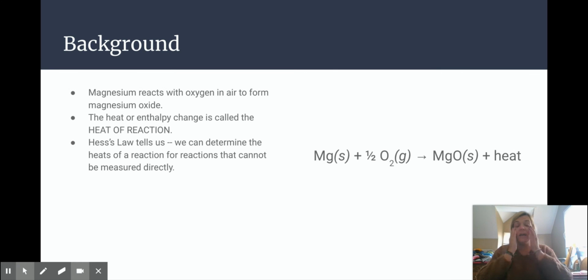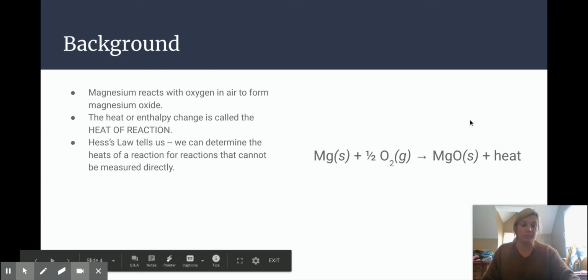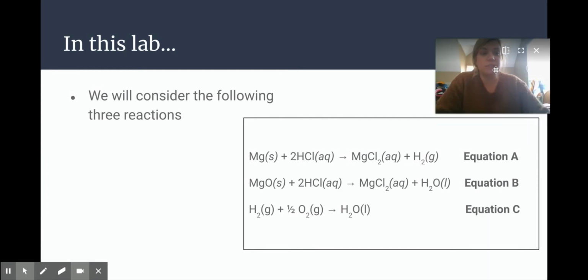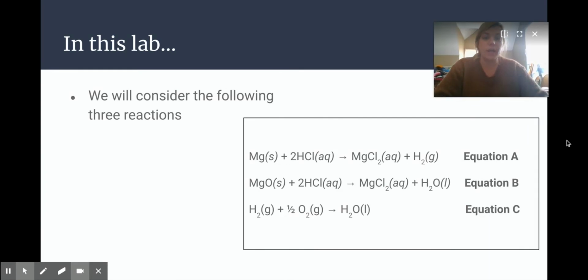We're going to be doing two different reactions, and then one we're going to have to look up in order to figure out this enthalpy change. So in this lab, what we're actually going to be doing instead of that first equation is we're going to consider these three following reactions. We're going to do a reaction where we take magnesium solid and react it with HCl.